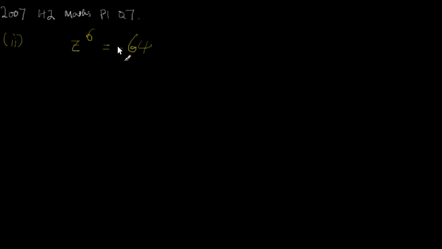So to do this, we could start by putting this into exponential form. 64. So the minus here, let's make use of e to the i pi equals minus 1.